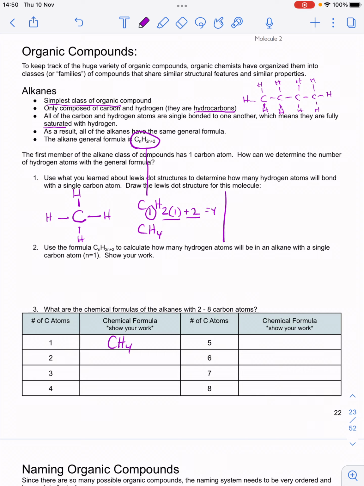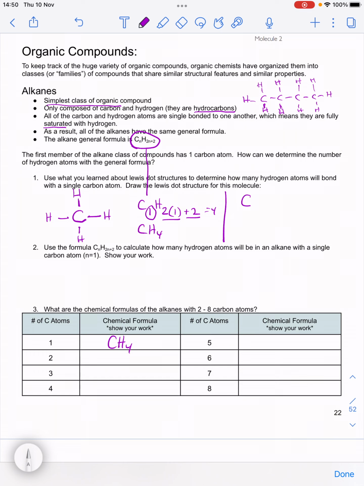When I do this with 2, if I plug in a 2 for N, and then I do H is 2 times 2 plus 2, well, 2 times 2 is 4, plus 2 is 6. So I get C2H6.